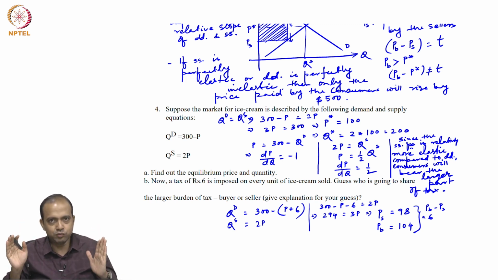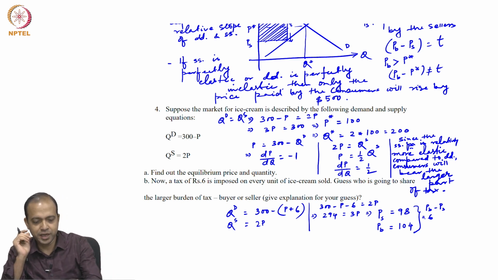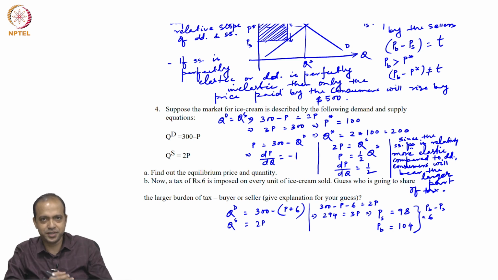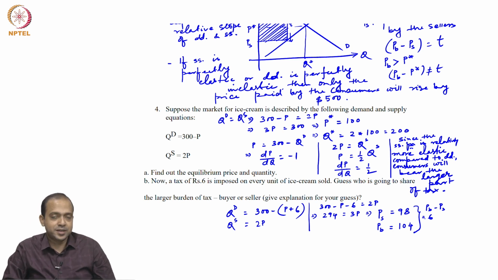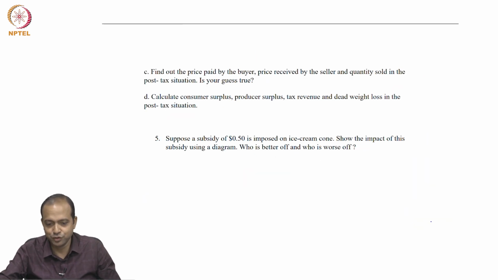So, we assumed the tax is imposed on the buyer, therefore, the demand becomes 300 minus P plus 6 and supply remains unchanged, and therefore, after solving this, we get P equals 98, and since this is less than the equilibrium price, this is the price received by the seller and the price paid by the buyer is 104.